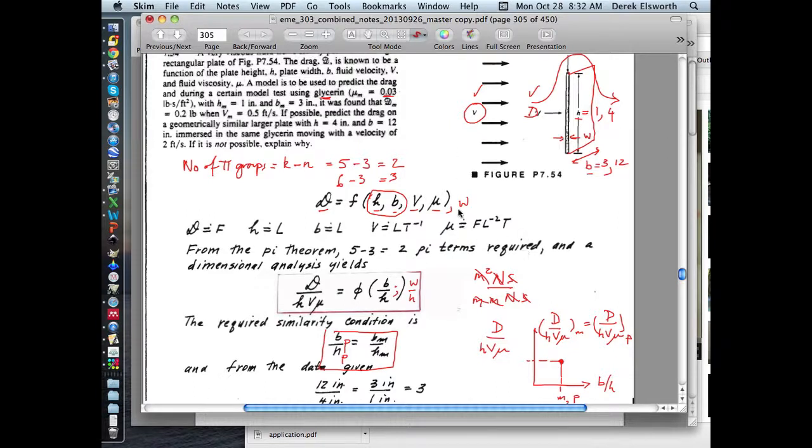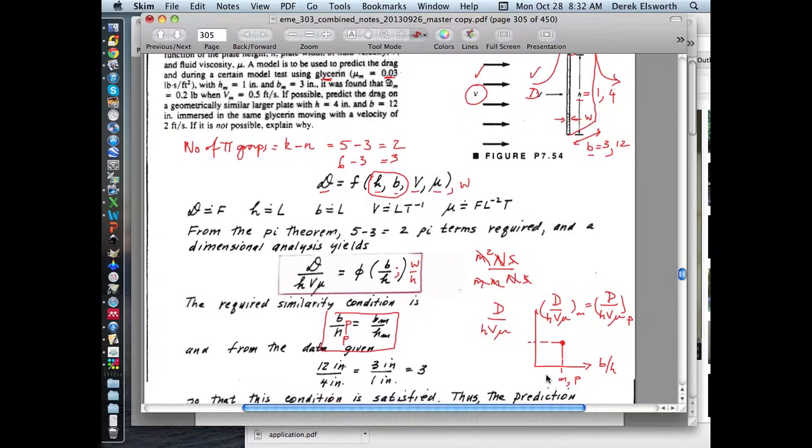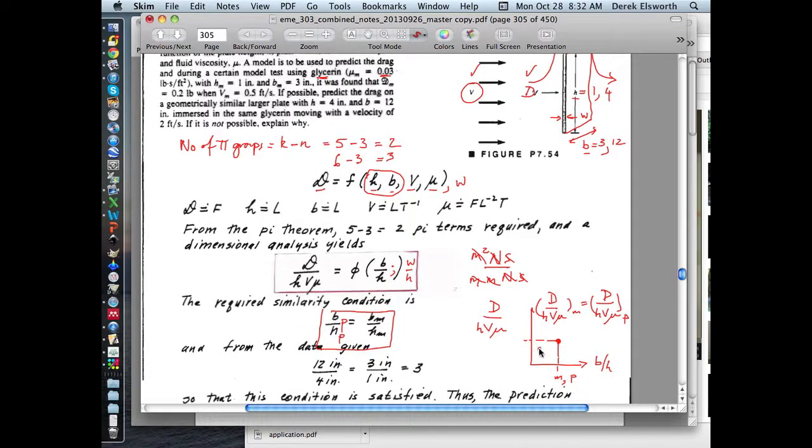If that was the case, then I suppose we could have, okay, so in this particular case we have geometric similitude. So this would be a value for, say, width over h equal to 0.1.